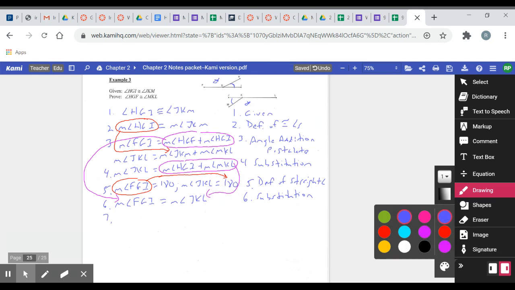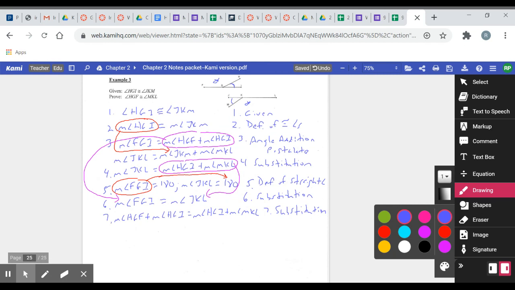So now my next line says that the measure of angle HGF plus the measure of angle HGI is equal to the measure of angle HGI plus the measure of angle MKL. And line 7 here is once again substitution, lots of substitution.